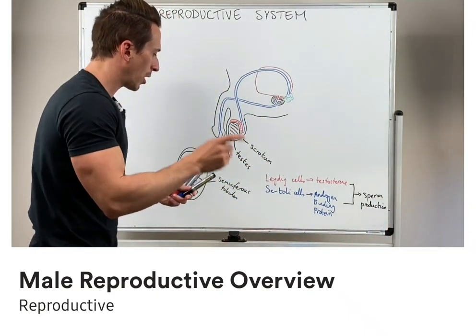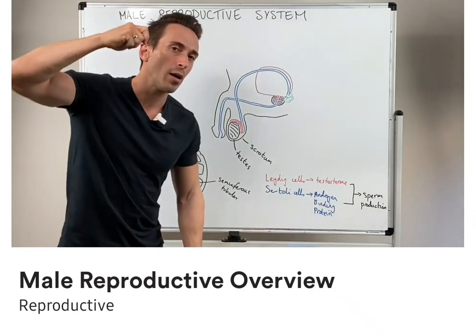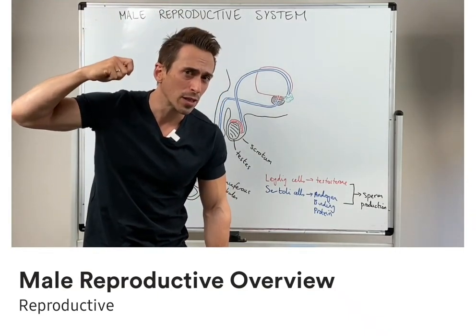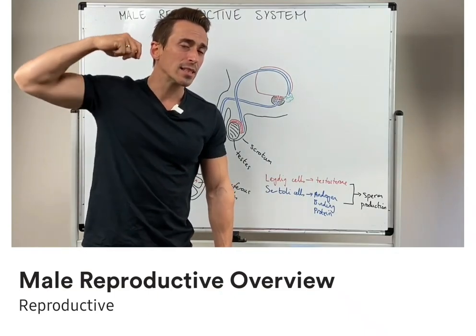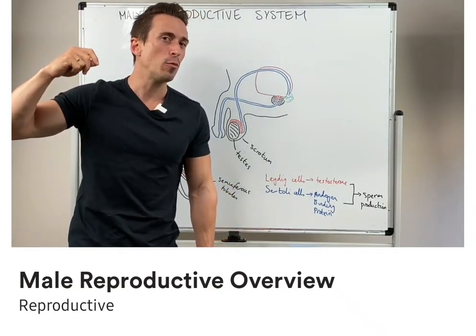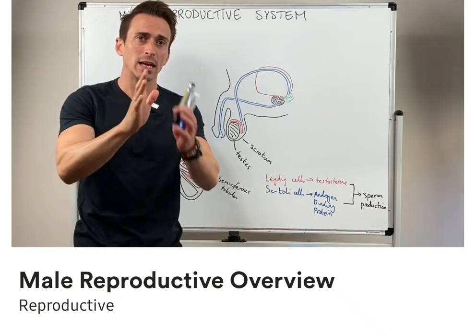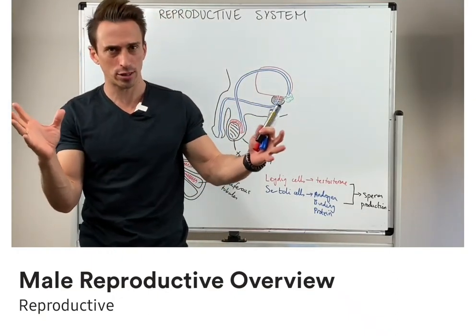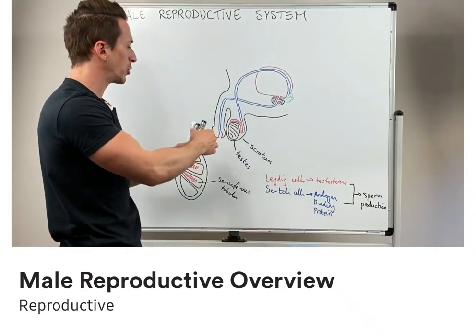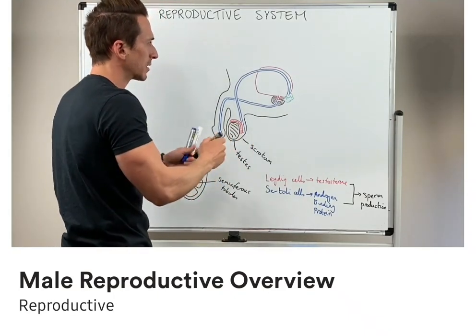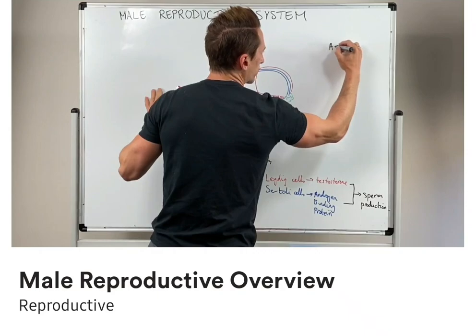Now this is important because you're going to have signals coming from the brain, specifically from these glands that sit underneath the hypothalamus in the brain, called the pituitary glands. And the pituitary gland has two lobes, an anterior and posterior. The anterior lobe of the pituitary gland releases a hormone.